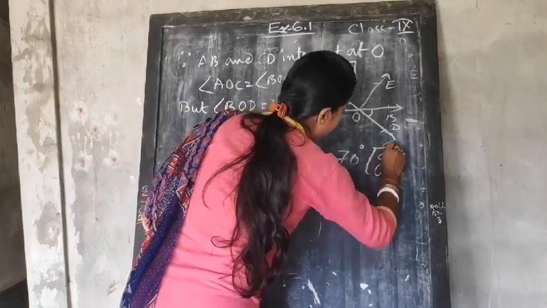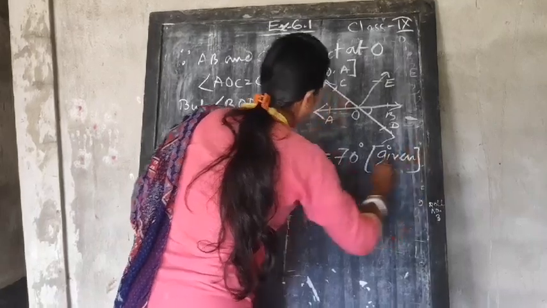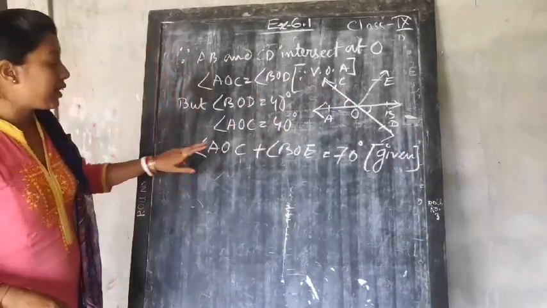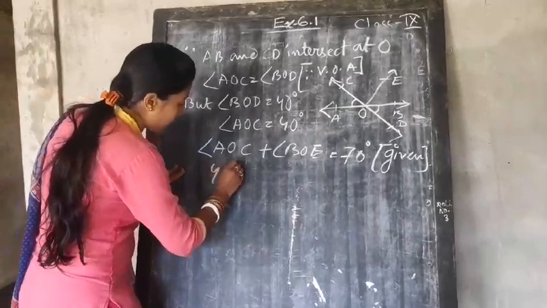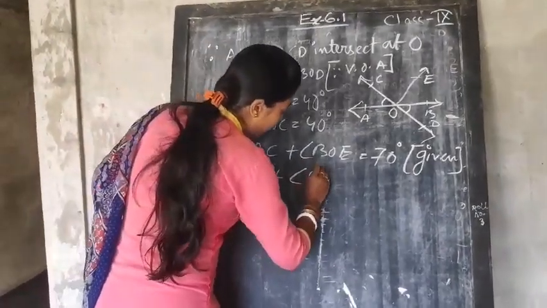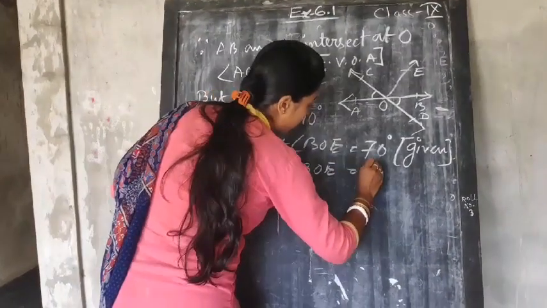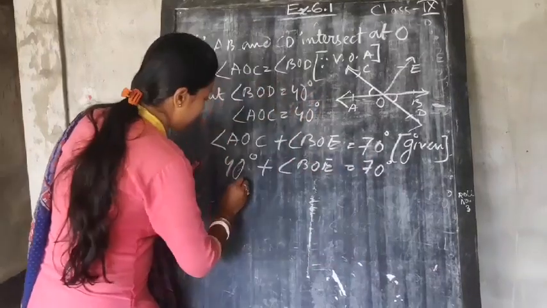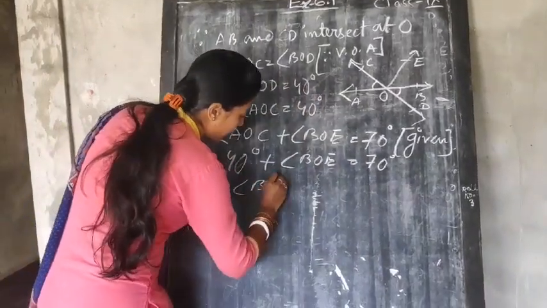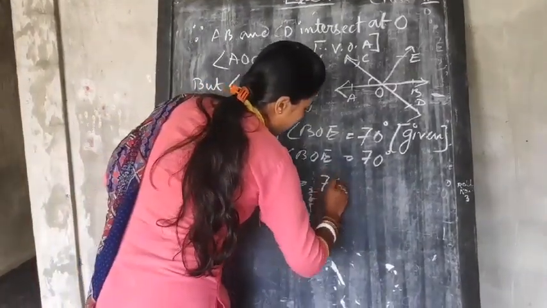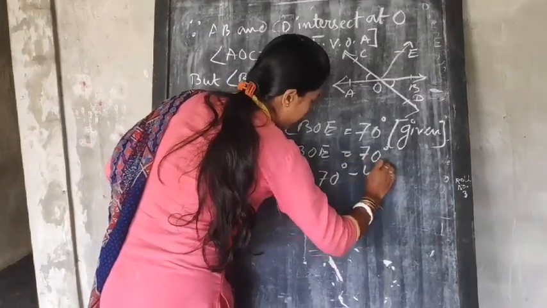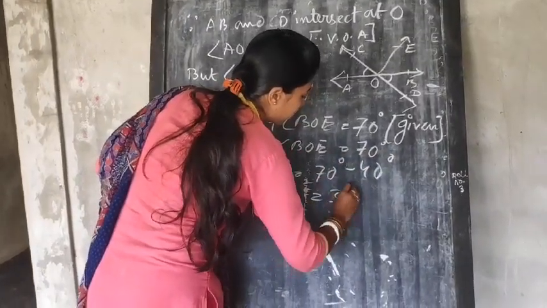By taking this you can find angle BOE. Angle AOC is 40 degrees plus angle BOE equals 70 degrees. Then angle BOE will be 70 degrees minus 40 degrees, equal to 30 degrees.